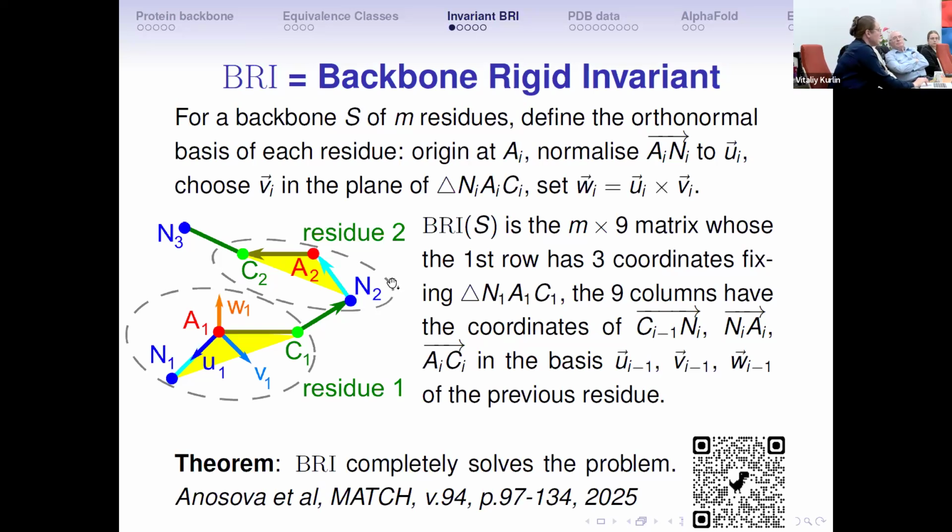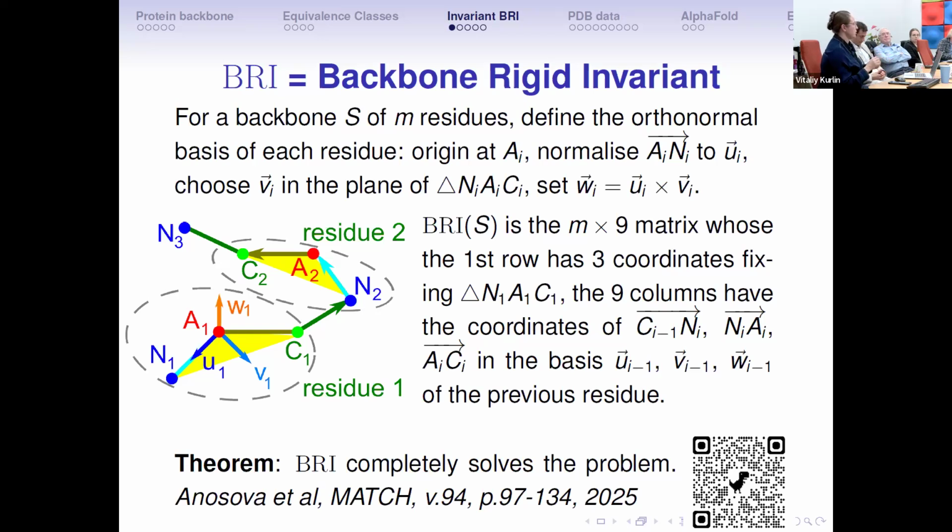And then the next residue will be written in the coordinates of the previous residue. More precisely, we take the three vectors which actually form the snake that you've seen in my representation of the backbone, and each of the vectors is represented in the coordinate system of the previous residue.